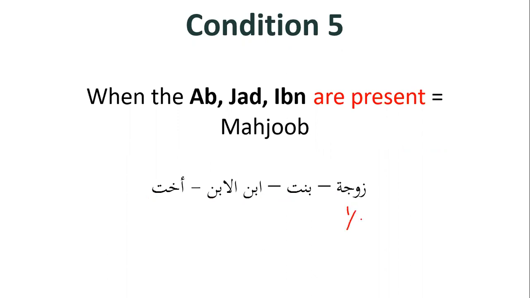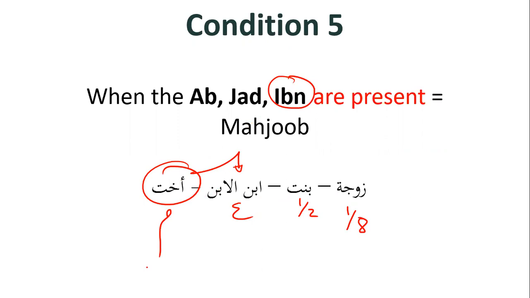Zawja would receive 1/8, bint would receive 1/2, ibn al-ibn we haven't covered as yet, but it will receive asaba, and what will the ukht receive? Because the ibn al-ibn is present, so ibn obviously includes the ibn al-ibn, the ukht will be mahjub. We put a meem under it for mahjub. So the three relatives which make the ukht mahjub are ab, jad and ibn.